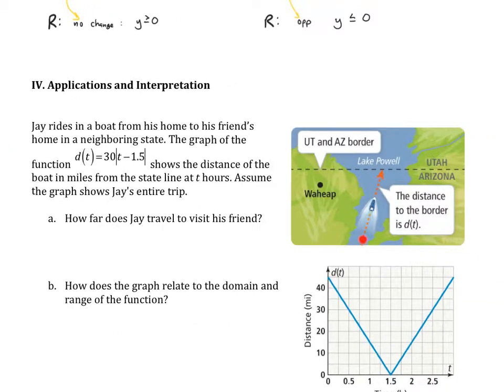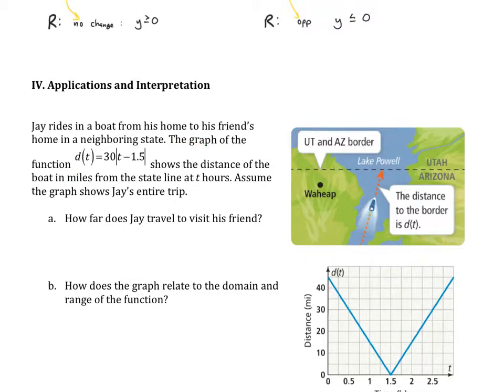Notice that this guy's path in the boat is pretty much a straight line. He's just going in a straight line all the way through here. So here's Lake Powell, which is on the border of Utah and Arizona. And Jay is riding in a boat from his friend's home in a neighboring state. So he's in Arizona right now, and he's going across the border and then into Utah, and apparently going back home.